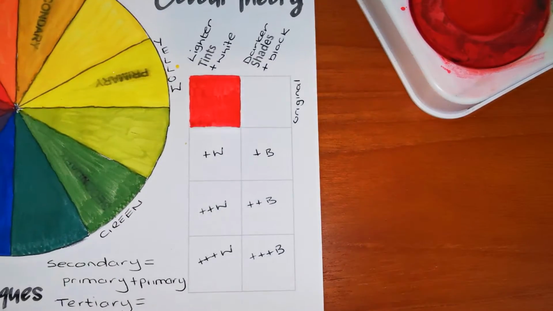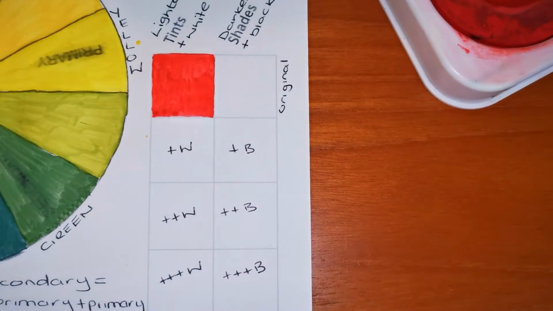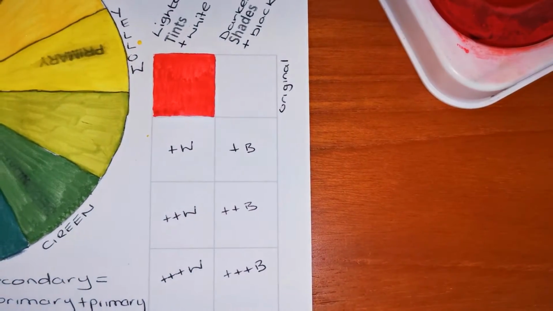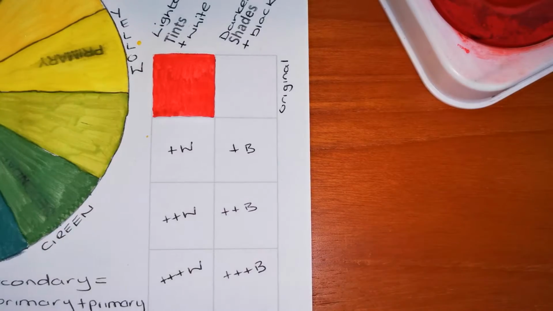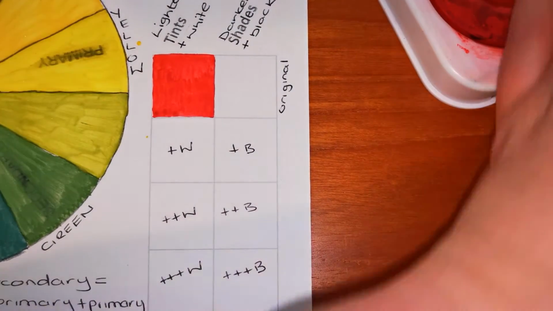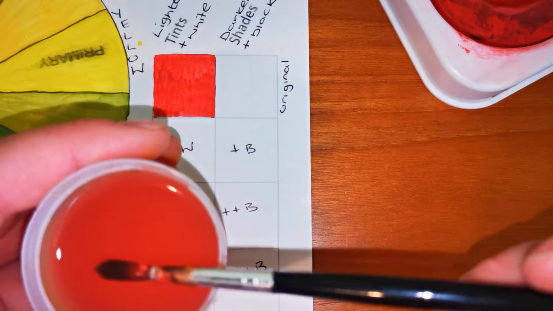So there's my original colour, which is red. Okay. So at this point you would have to wash your paintbrush and then most probably change your water, because your water is going to go red, and what we can't do is mix that red water with the white paint.